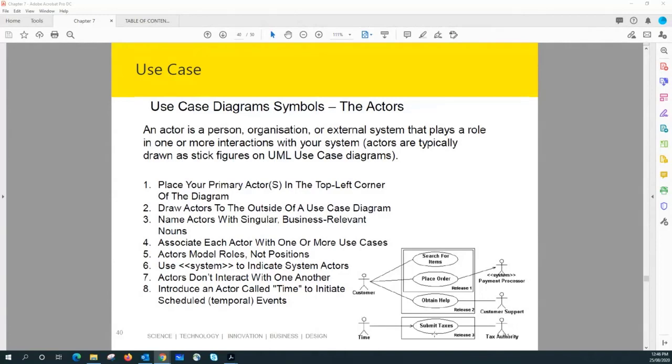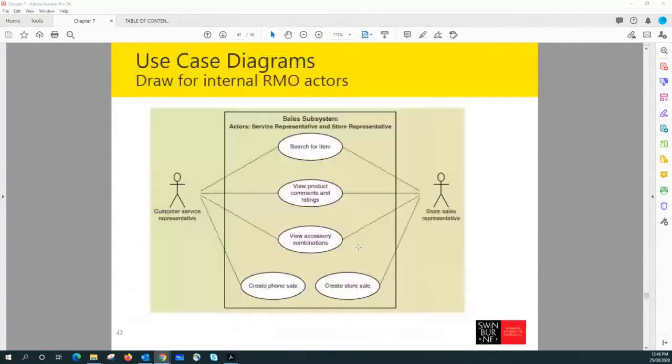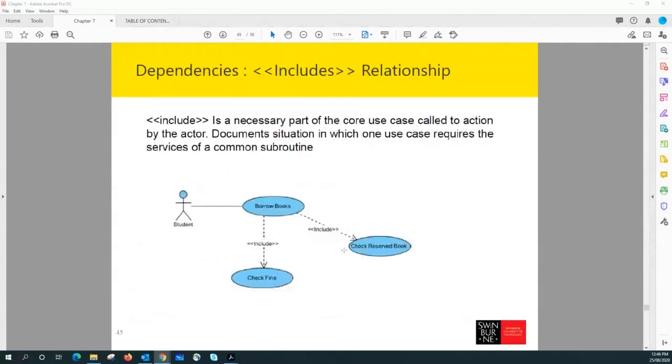Now once you've done that, you need to think about whether we need any use cases that take some services from other use cases, right?